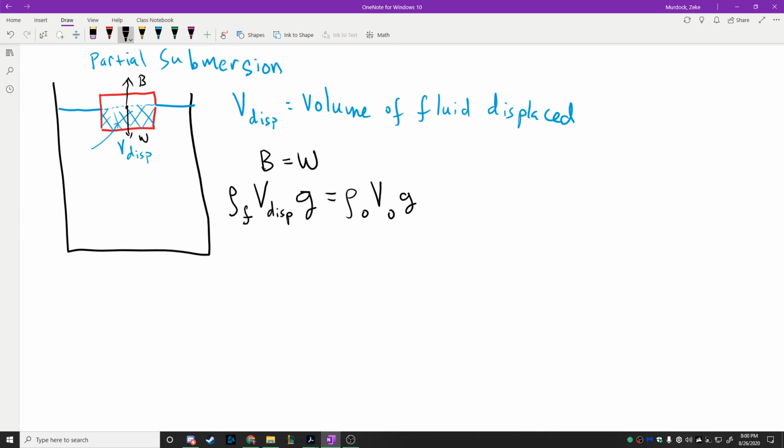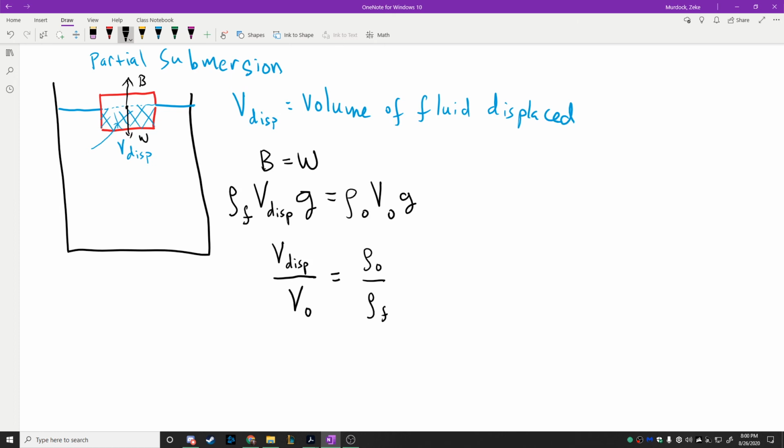So the particular ratio that we want is this: if I take the volume of the object that's displaced and divide by the volume of the object itself, the g's cancel. This is related directly to the ratio of the density of the object to the density of the fluid. Now, if it's floating already, what do we know about this ratio on the right-hand side? Is it going to be equal to 1, greater than 1, or less than 1?